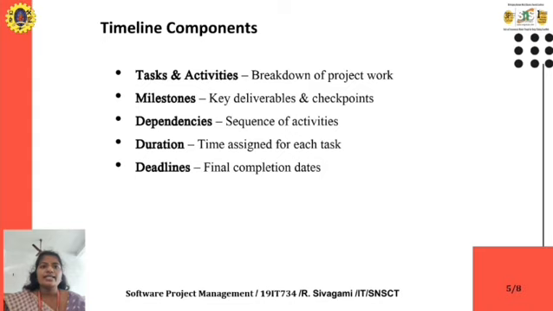The next one is timeline components. The first ones are tasks and activities, milestones, dependencies, durations, deadlines. Tasks and activities mean the breakdown of the project work, so we divide our projects into small activities or tasks. Milestones are key deliverables and checking points.